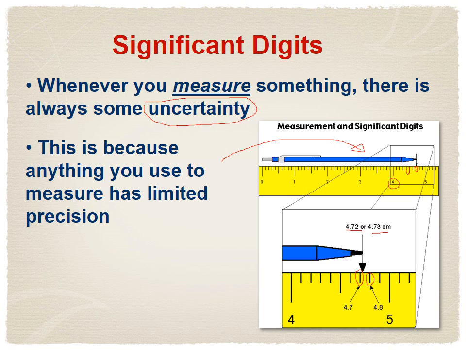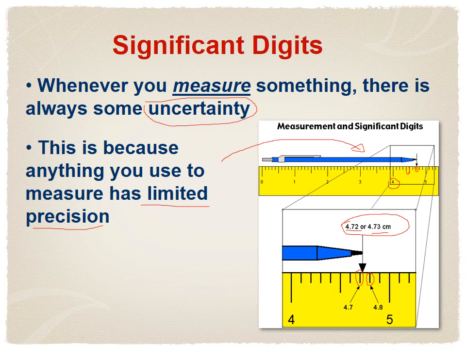So whenever you measure something, there's always going to be some uncertainty because there's limited precision with the measurements and tools that we're using.